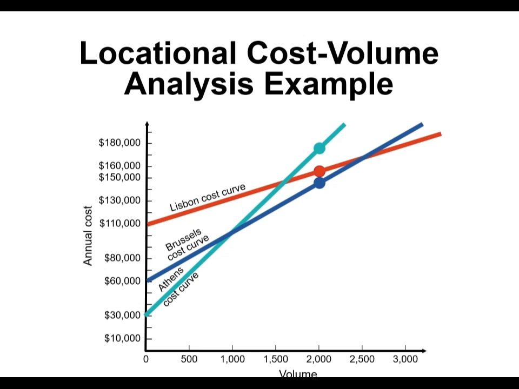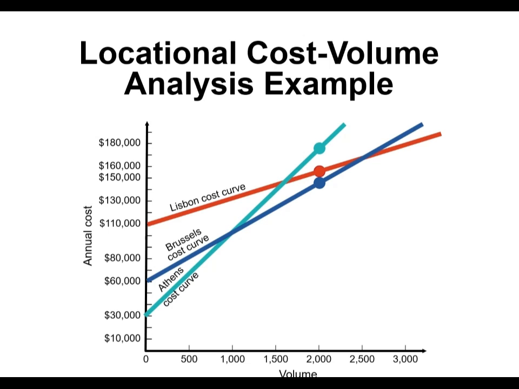So just now we actually know that for Athens and Brussels, the crossover happened at 1,000. And for Athens, if you do not produce anything, you still have to bear a fixed cost of 30,000. So starting from 30,000, draw a straight line, and make sure it goes through the 1,000 volume.